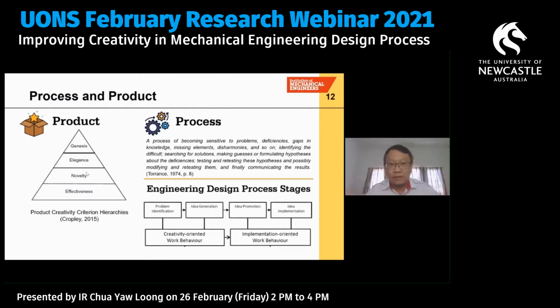defined in the world. Now, in engineering design process, basically, these are the four stages here. The problem identification, we started off with problem identification. Then we have the idea generations, idea promotions, and idea implementations. So the first two stages that you see here are where the creativity is heavily related, is creativity-oriented work behavior.